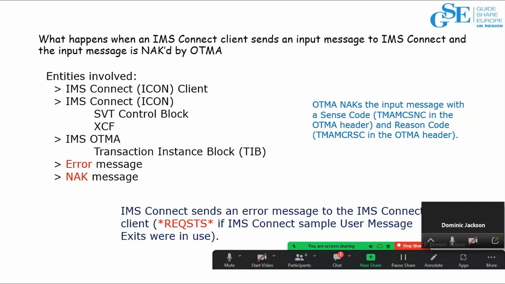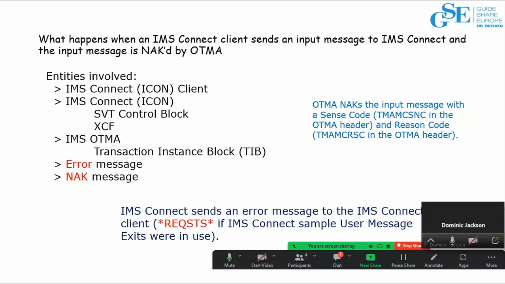Some examples of such errors could be things like an invalid transaction code, or a stopped transaction, or maybe a security failure, right? An expired message maybe, or a TPI flooding. So these are some of the scenarios that could result in errors on the OTMA side.